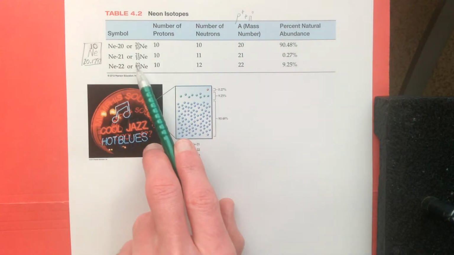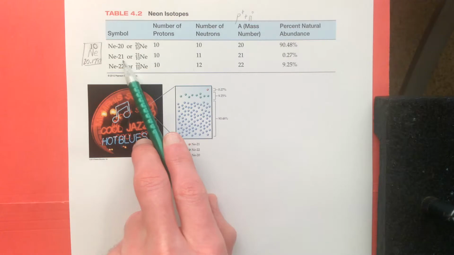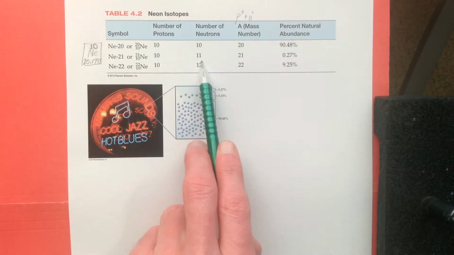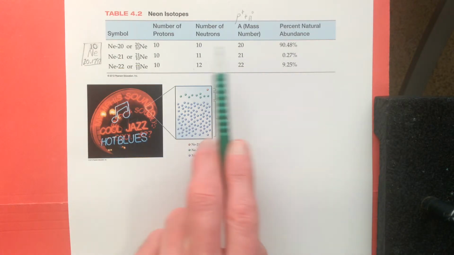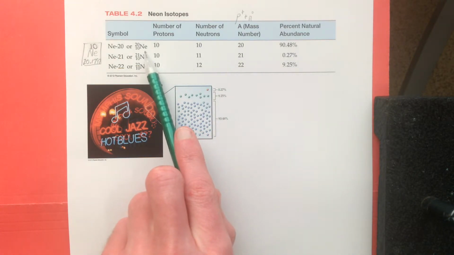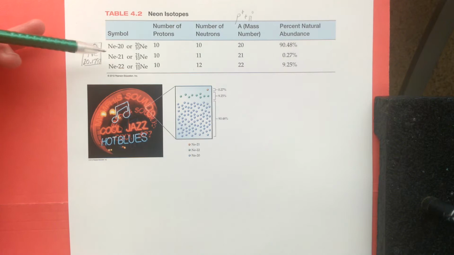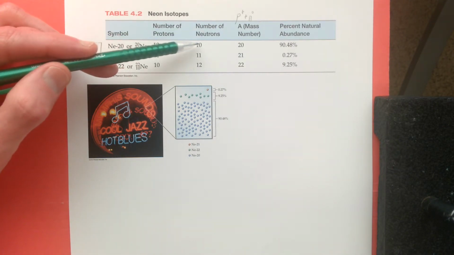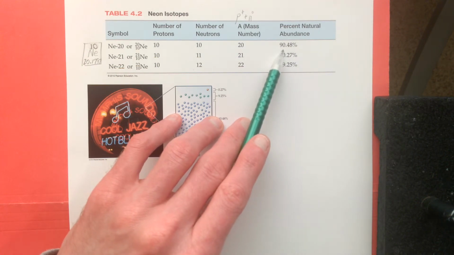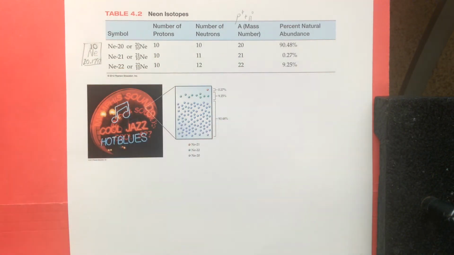Then there's a second isotope, the 21 isotope, with 10 protons, 11 neutrons, and only about 1/4%. And then the overwhelming majority of all neon atoms is the neon 20 isotope with 10 protons and 10 neutrons. You can see it's almost 90.5% of all neon is that particular isotope.